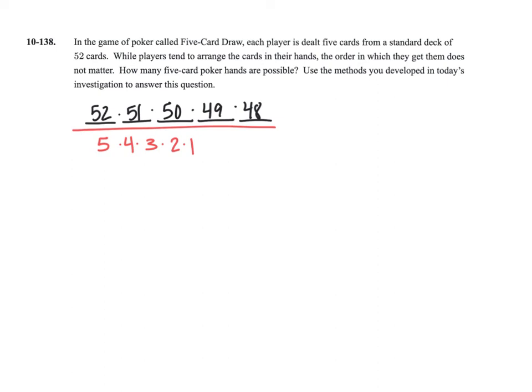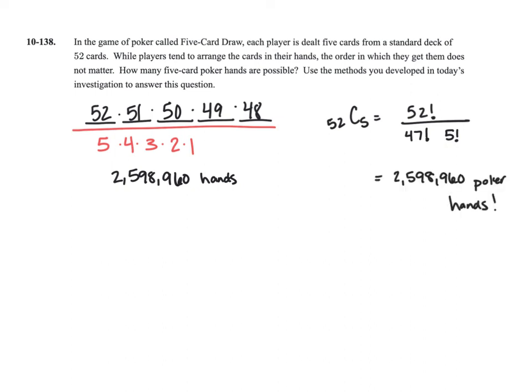Or I could plug it into my formula and list out the 52 factorial over 47 factorial and then divide by the 5 factorial there. Either way, they should give me the same result in finding the total number of possible 5-card poker hands using the 5-card draw game.